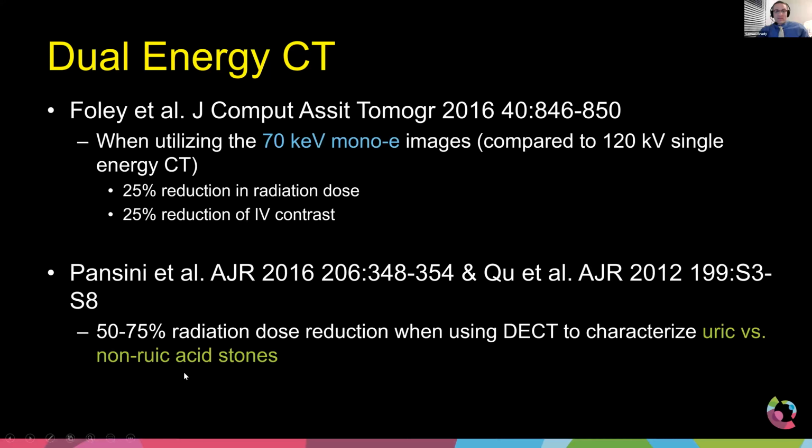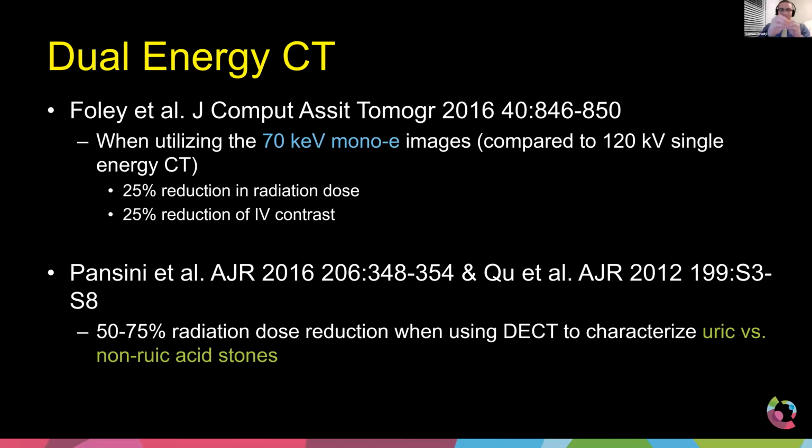And then finally, in another paper where they looked at what kind of dose reduction you can get when you're thinking about a clinical task, in this case, uric versus non-uric acid stones, dual energy CT works well because those two objects pop out. The stone, obviously you see the stone in a single energy. Everyone can see stones because they're just little white dots in there.